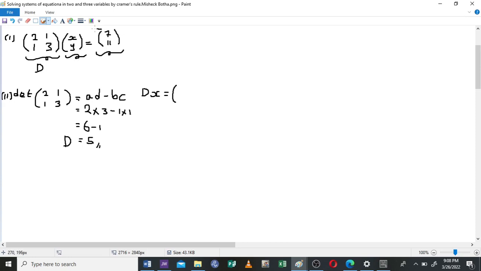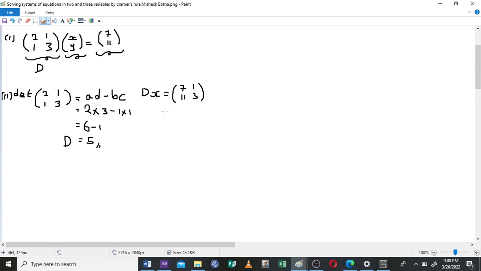So what I mean is, this matrix of constants is going to substitute the first column in the matrix of coefficients. So the matrix of coefficients that we have here is going to have its first column substituted by the matrix of constants, and the second column is going to remain the same.